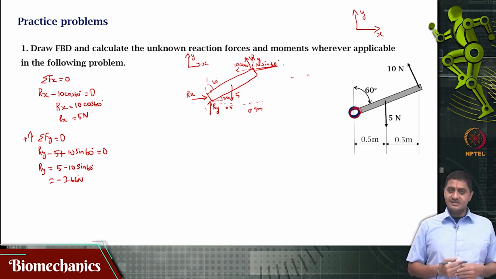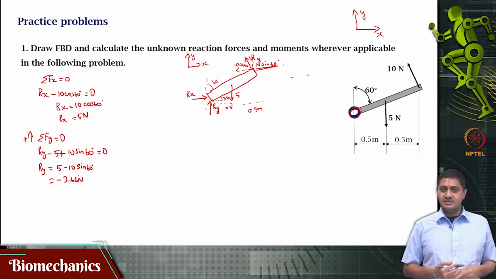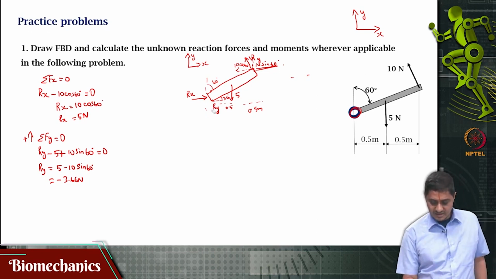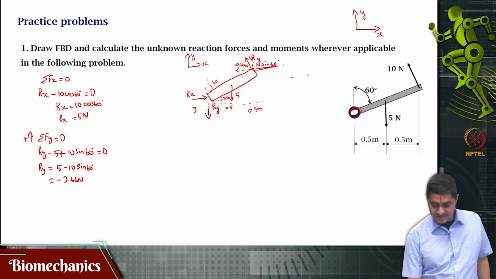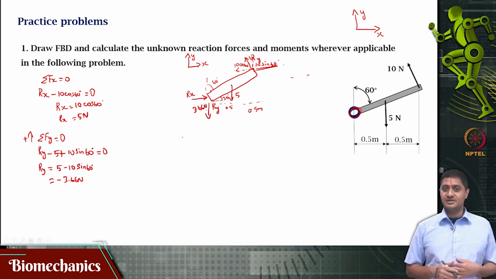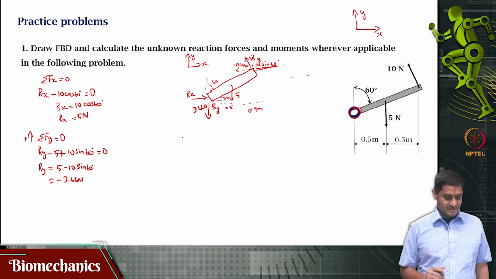If the value of Ry is negative, that means the assumed direction of Ry is wrong. The magnitude of that force is 3.66 Newton, but it is in the opposite direction. It is 3.66 newtons in the negative y direction, or minus 3.66 Newton in the positive y direction.